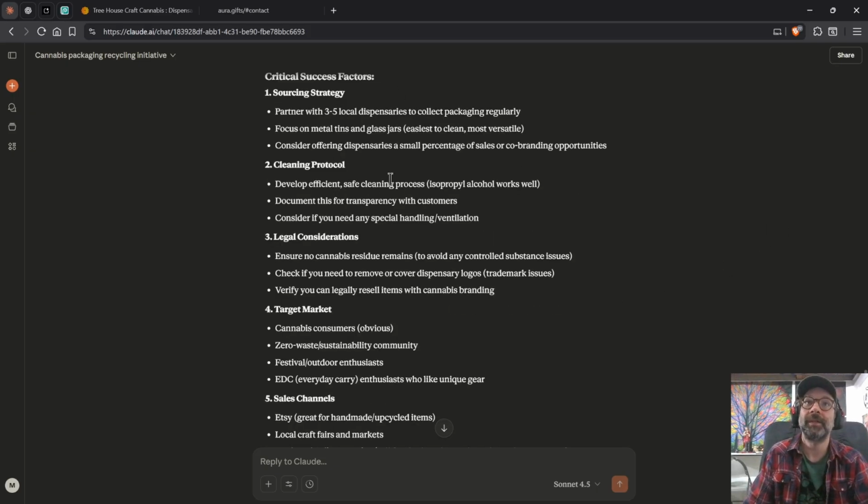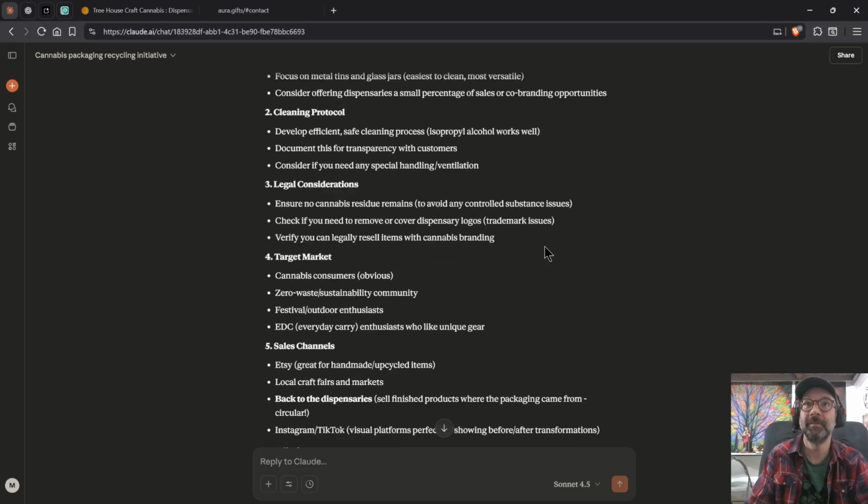Cleaning protocol, like this is all manual work at first, but this could eventually be outsourced, or there could be a proprietary process. Once you start making some money, that could be a way to do this in a more automated or streamlined way. Legal consideration, of course, there would have to be no residue. Remove cover dispensary logos, yeah, obviously. Verify you can legally resell items with cannabis branding.